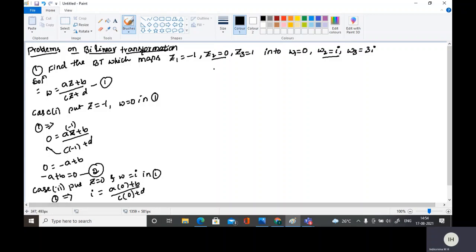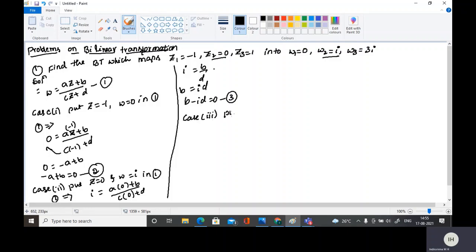From this what we got? i is equal to b by d, or b is equal to id, b minus id equal to 0. So that is equation number 3. Next case 3.